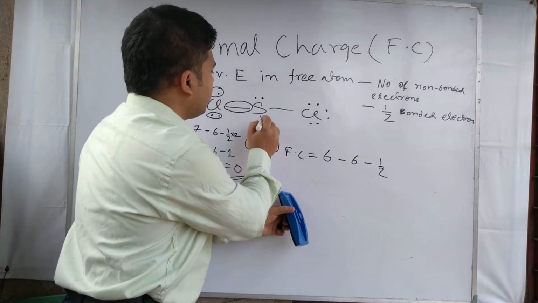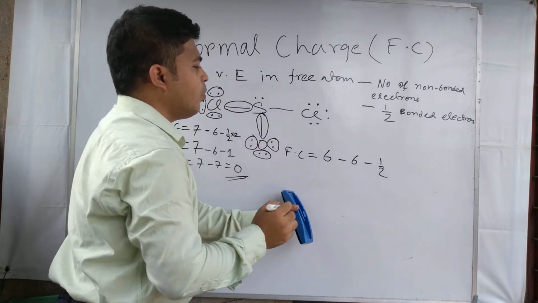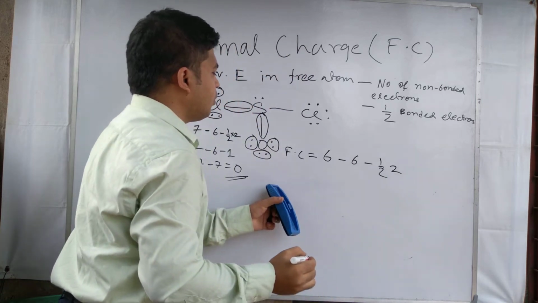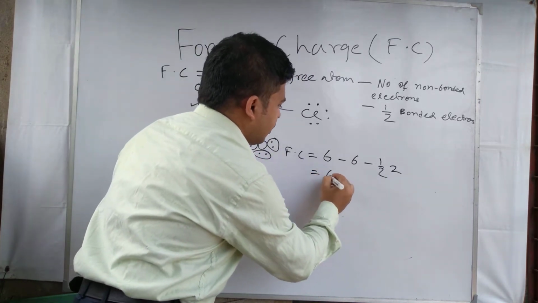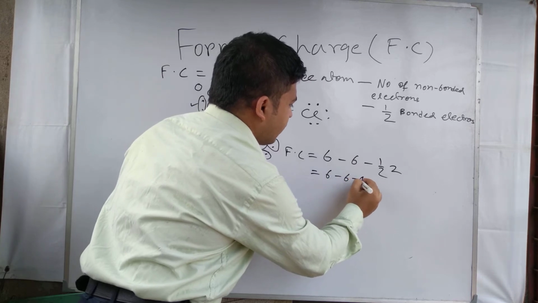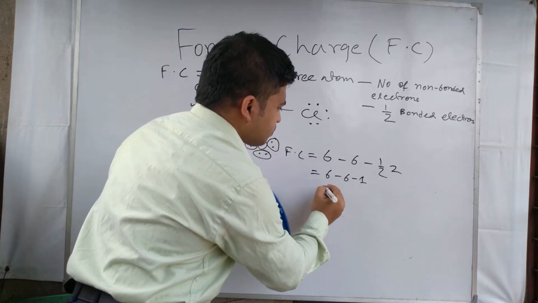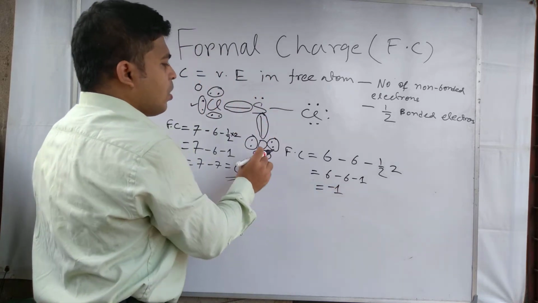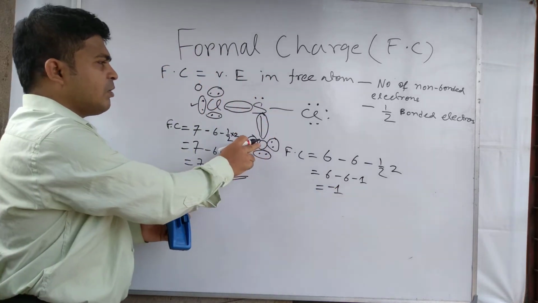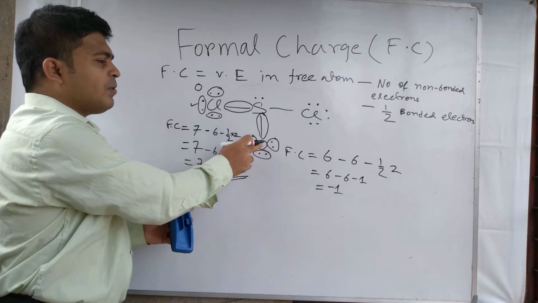Bonded electrons means this one, one bond is present, so the bonded electrons are 2 only. The formal charge is 6 minus 6 minus 1, so minus 1 is the formal charge present on this oxygen atom.